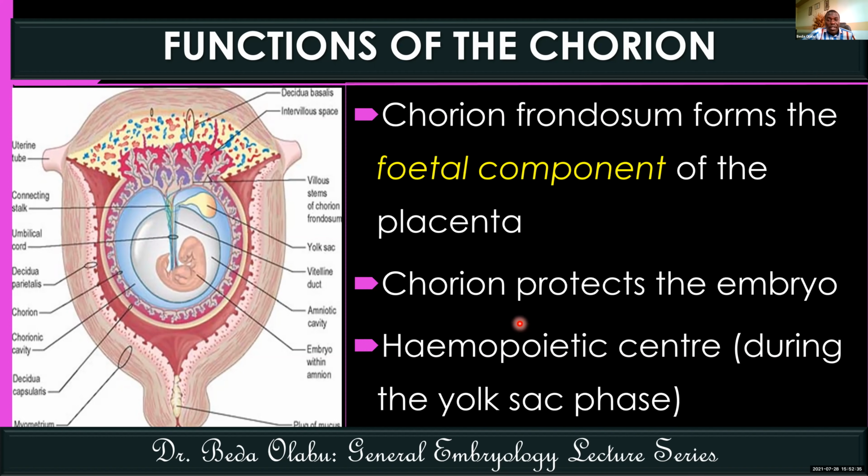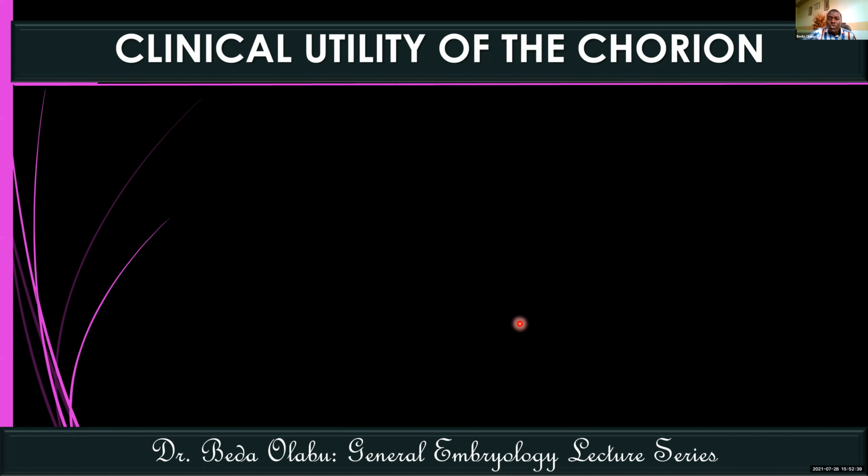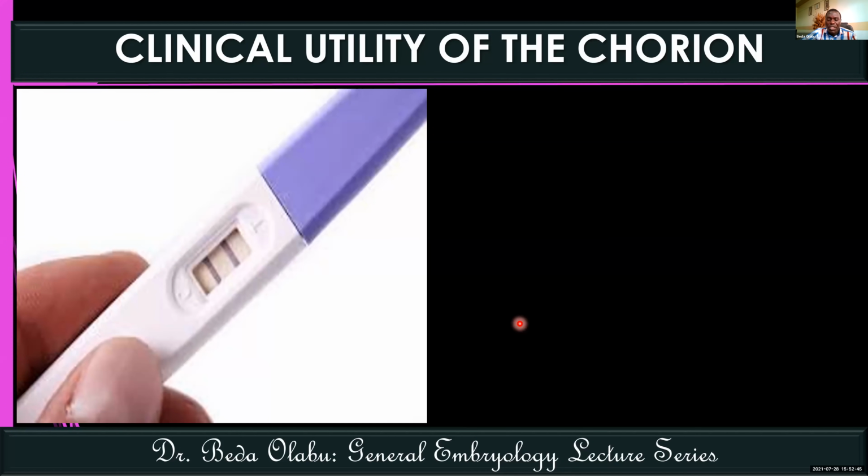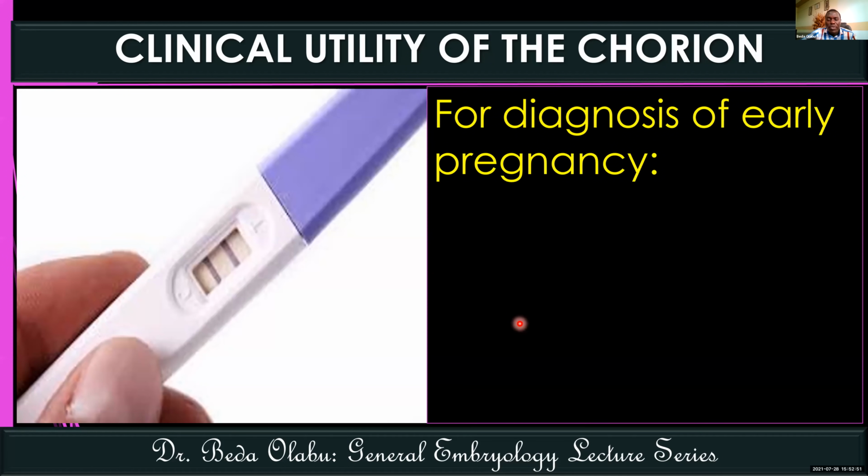So I've told you the functions of the chorion. How do we clinically utilize the chorion? The clinical utility of the chorion is, on one end, the possibility of making a diagnosis of early pregnancy.